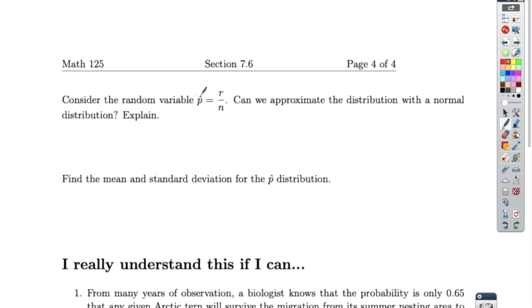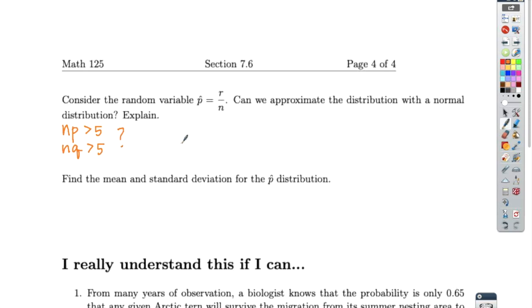Consider the random variable p hat equals r over n. Can we approximate this distribution with a normal distribution and explain why or why not? Okay, well, remember the criterion for being able to approximate using a normal distribution is that both np and nq must both be greater than 5.